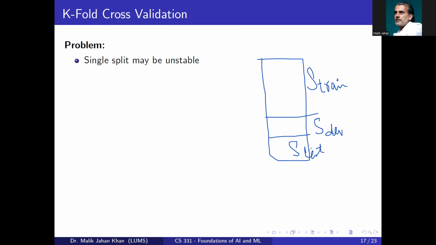So is it going to be a really good split? Is it a good representation of the underlying phenomena? We don't know, right? It's a reasonably large data, so things might be generalizable, but there could be a situation where by chance we have induced some bias, that one type of problem is over here and other type of stuff is here. So these subsets might not be representing a comparable underlying distribution.